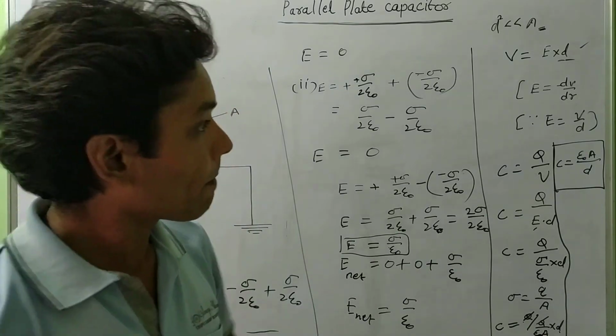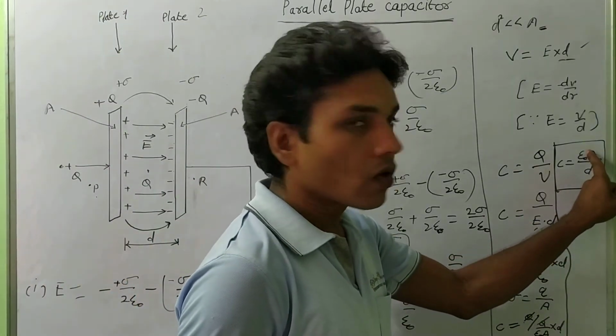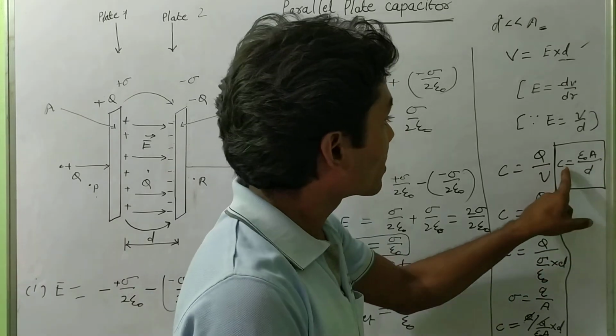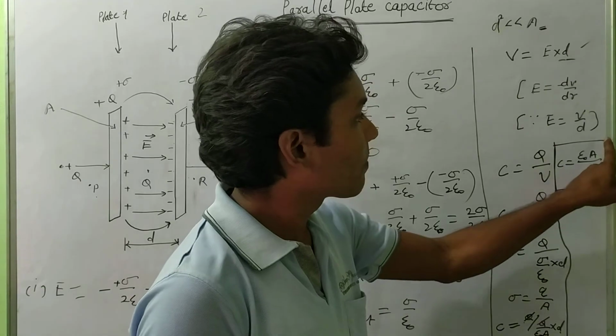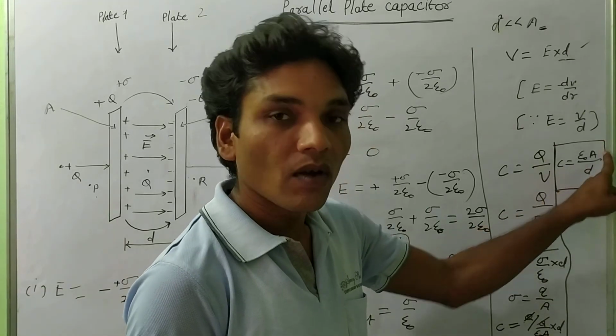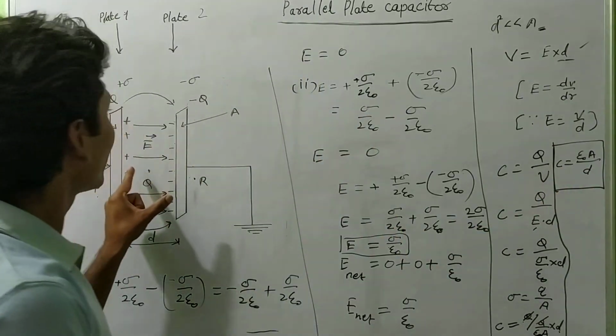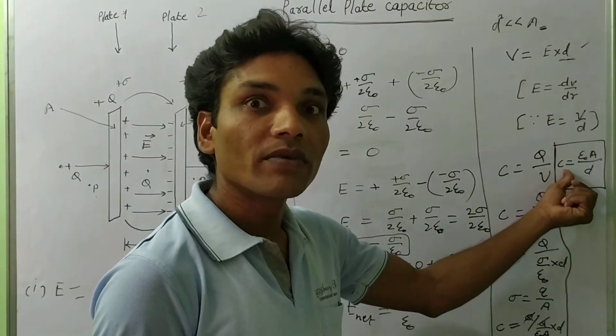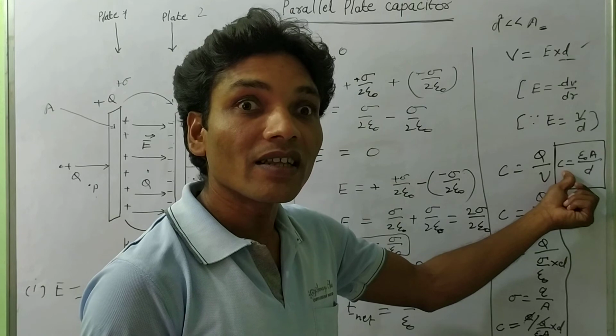Here epsilon naught is constant, so C is directly proportional to A. When the area of each conductor increases, the capacitance of the capacitor increases.